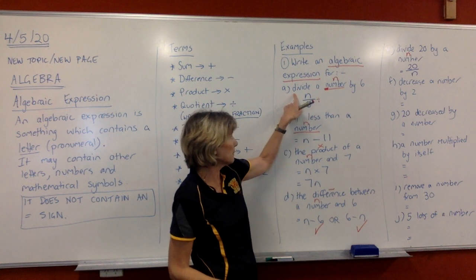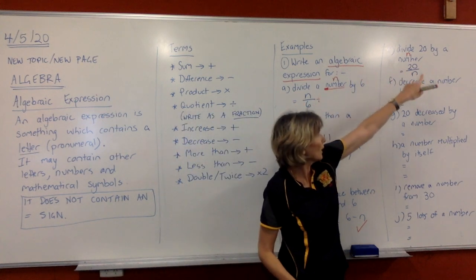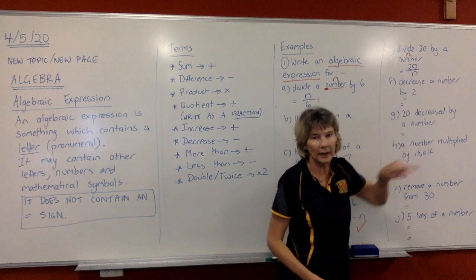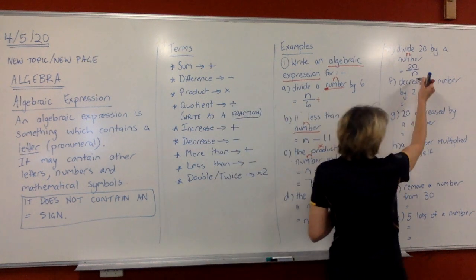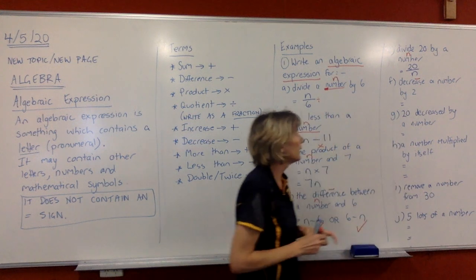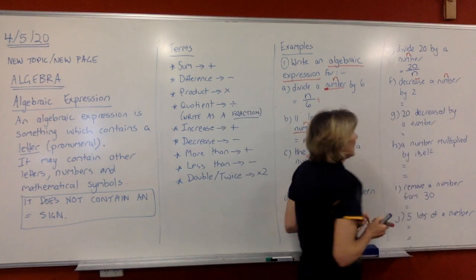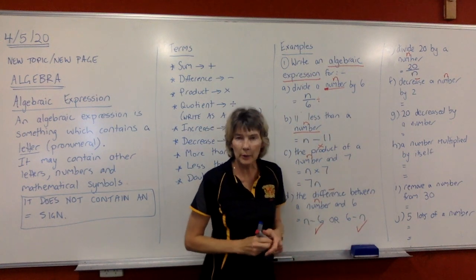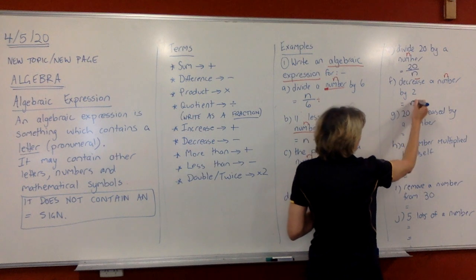So divide a number by 6, we've got n over 6. 20 divided by the number, 20 over n. The next one is decrease, which we know is subtract a number, which we know is n, by 2. So decrease n by 2 is n minus 2.